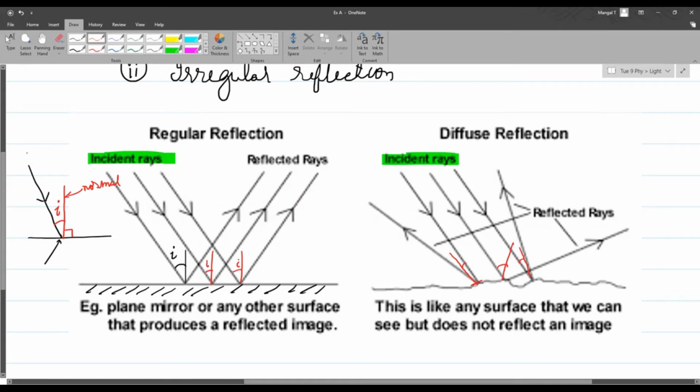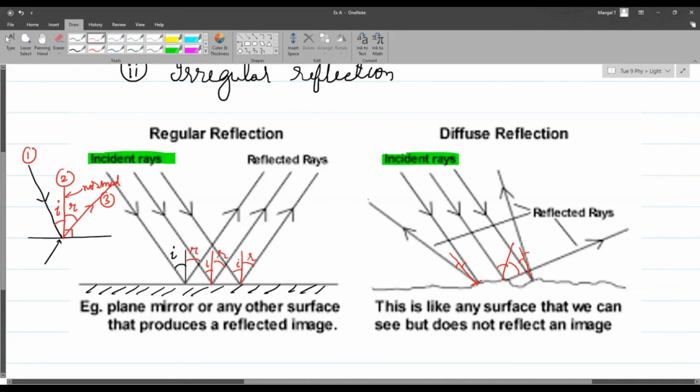The law of reflection says that the incident ray, the normal, and the reflected ray all lie in the same plane. And the angle of incidence is equal to the angle of reflection. So here also, in every case, i is equal to r. And over here also, i is equal to r. But of course, over here, the value of i is different.